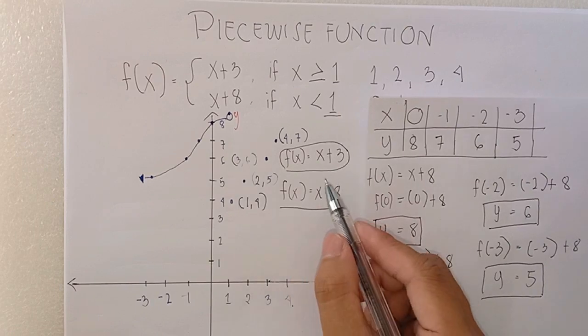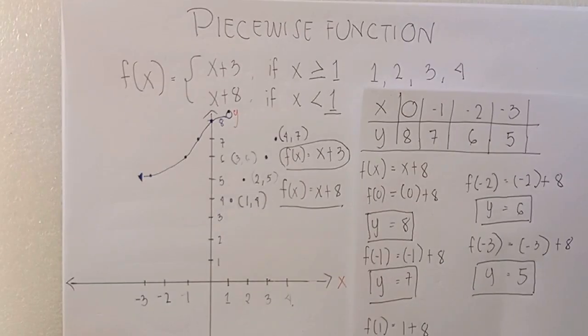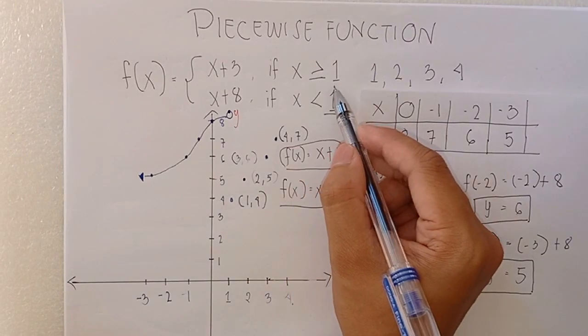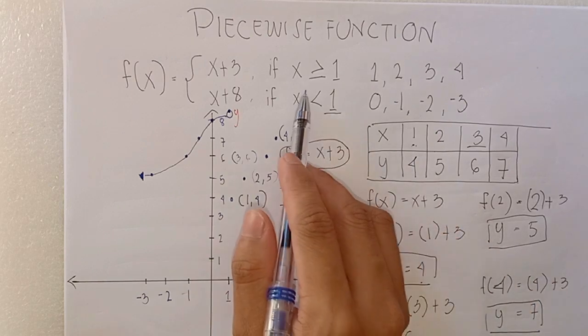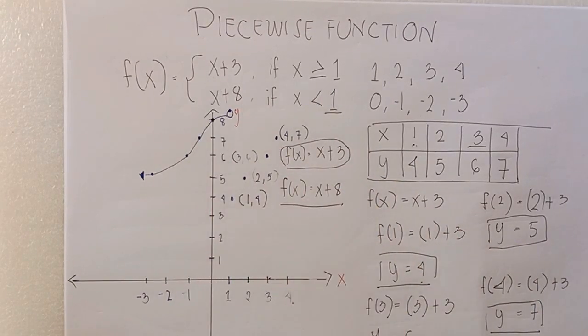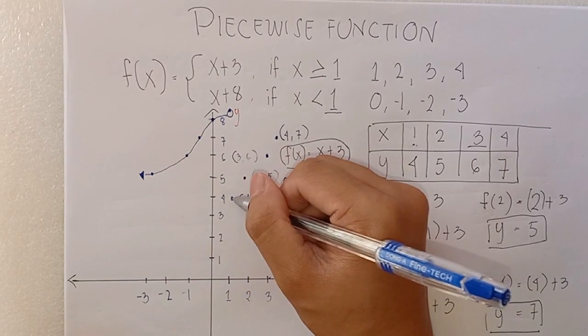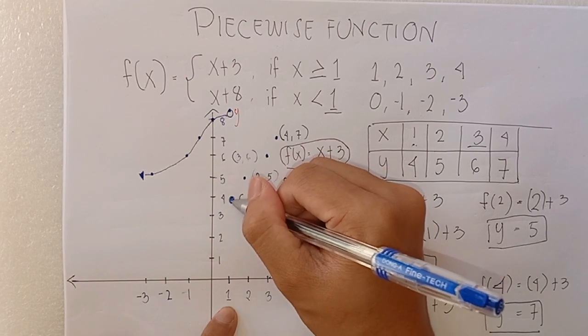For x plus 3, I forgot to tell that if 1 is included in the values that can be substituted for this function, it will appear as a shaded point, which is bigger than a normal point.